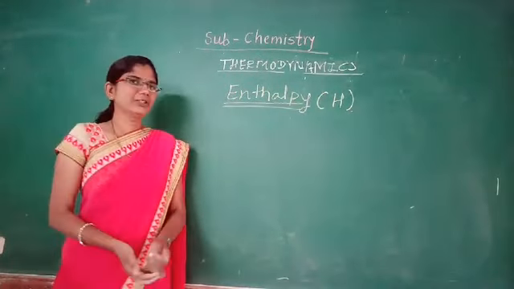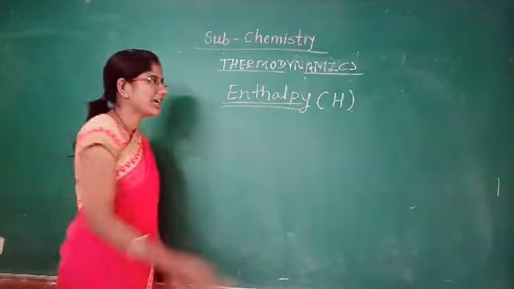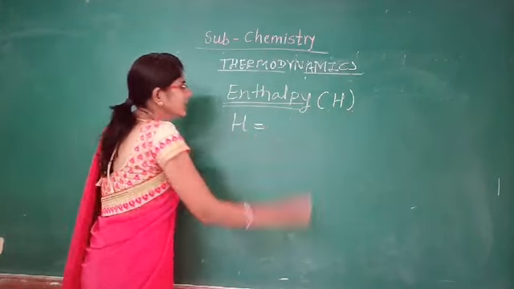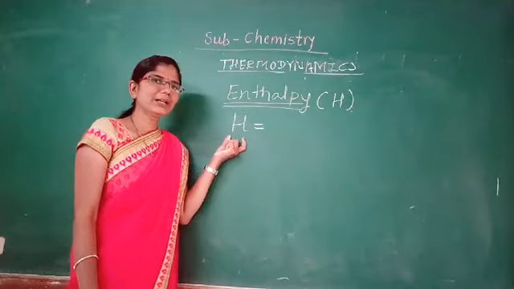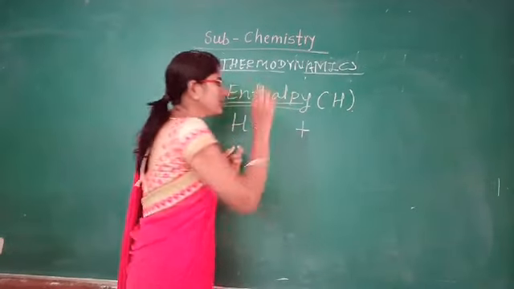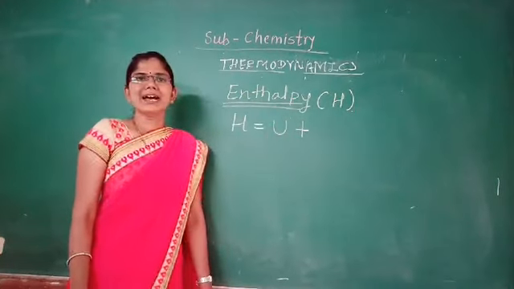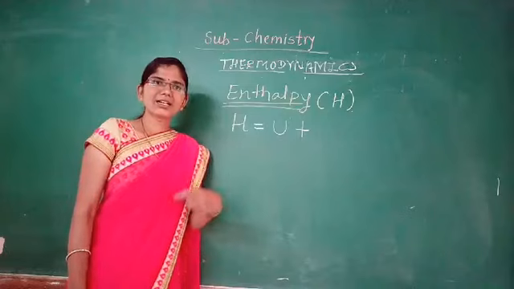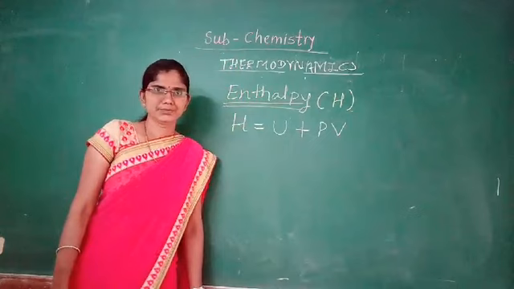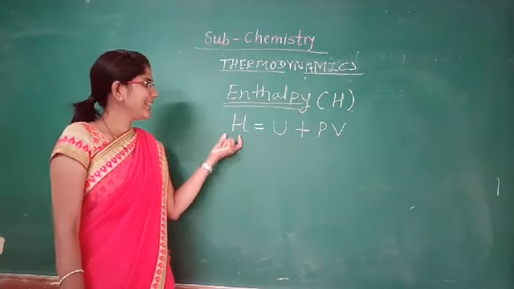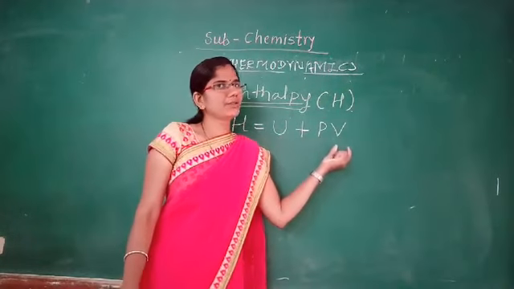Enthalpy is denoted by the letter H, and from the definition, enthalpy is the sum of internal energy of the system and the energy arising due to the pressure and volume. How can it be defined? H is equal to U plus PV.